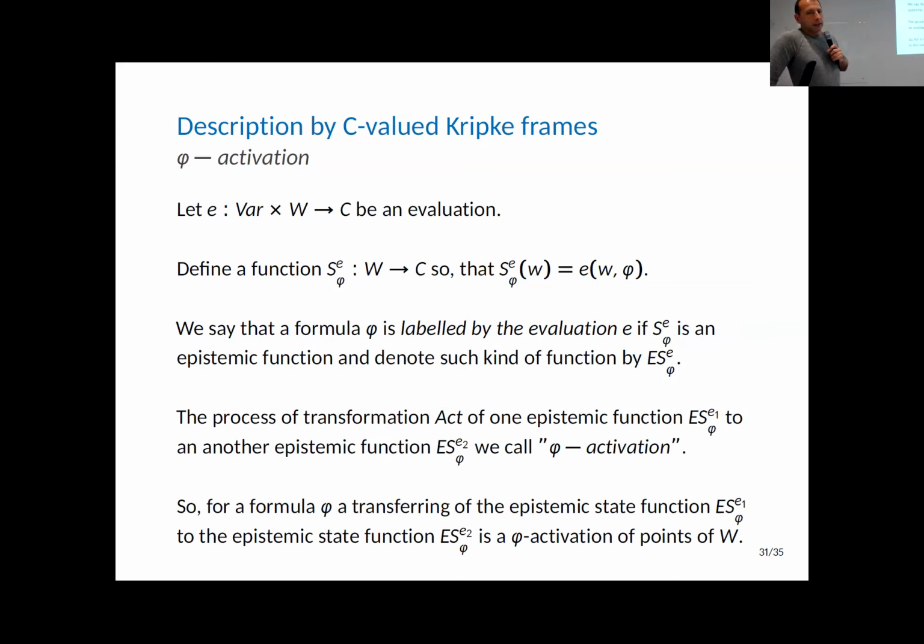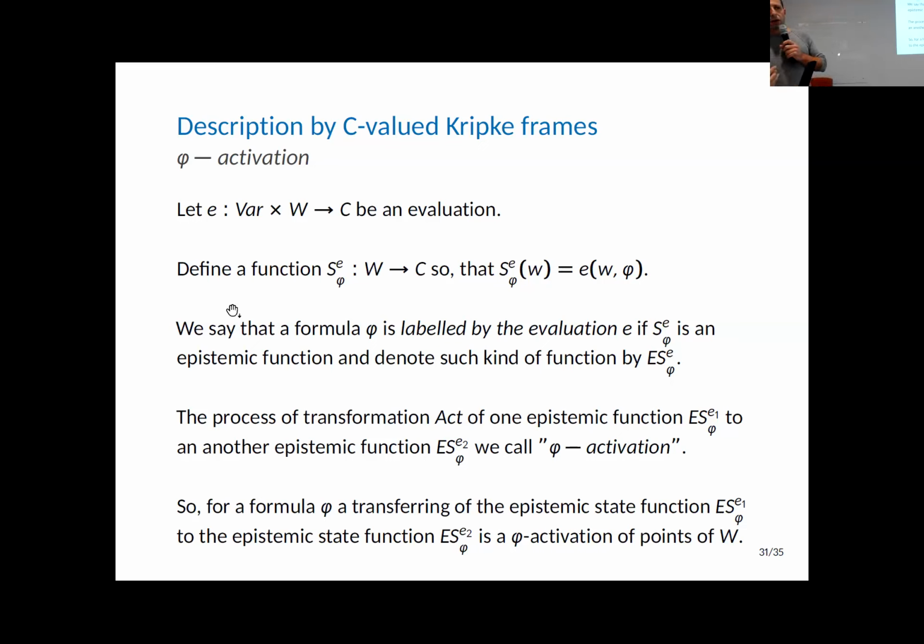If we take an evaluation E and a function phi, we can define the function S E phi from W to C, so that S E phi of w is E of w, phi.